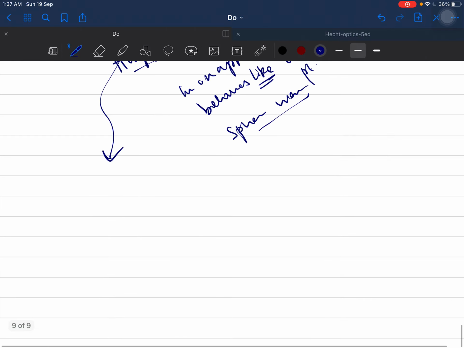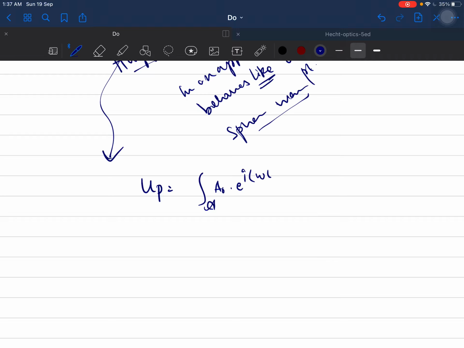Now these two combined to give U of P equals the integral over the aperture of E0 times e^(i(omega t minus kr))/r d xi d eta.